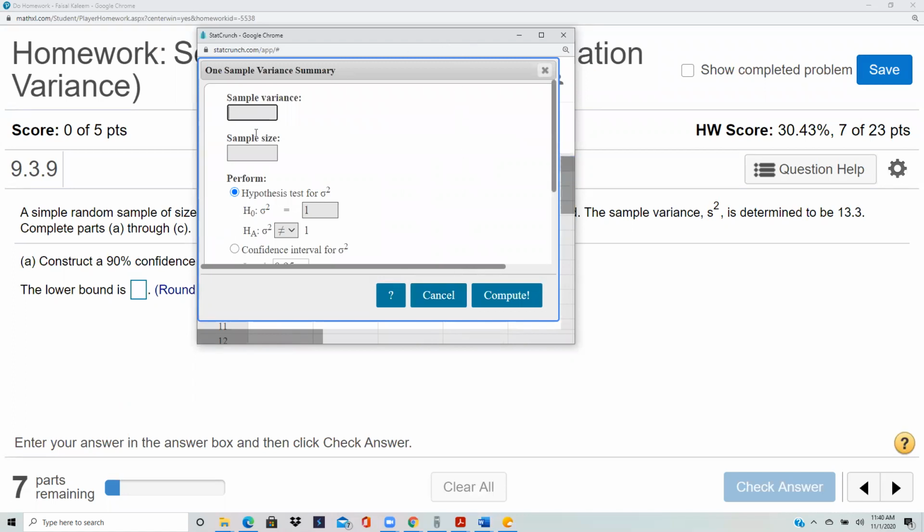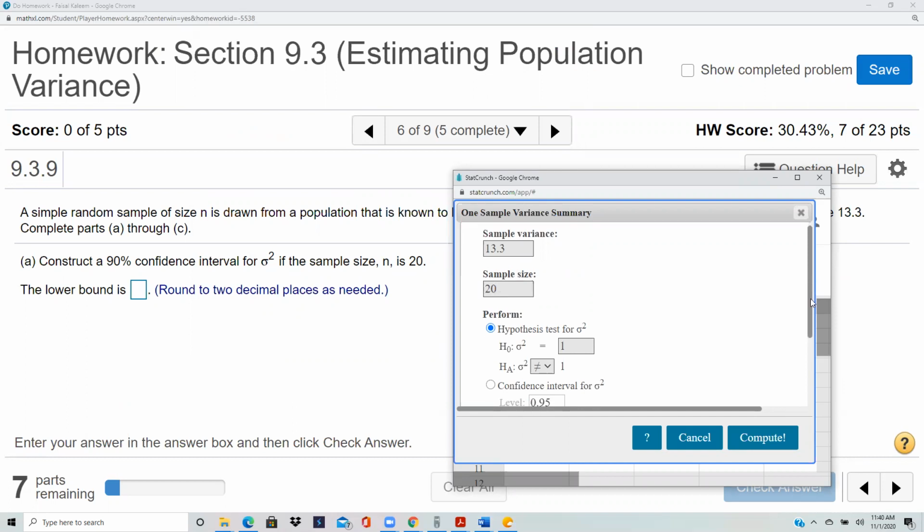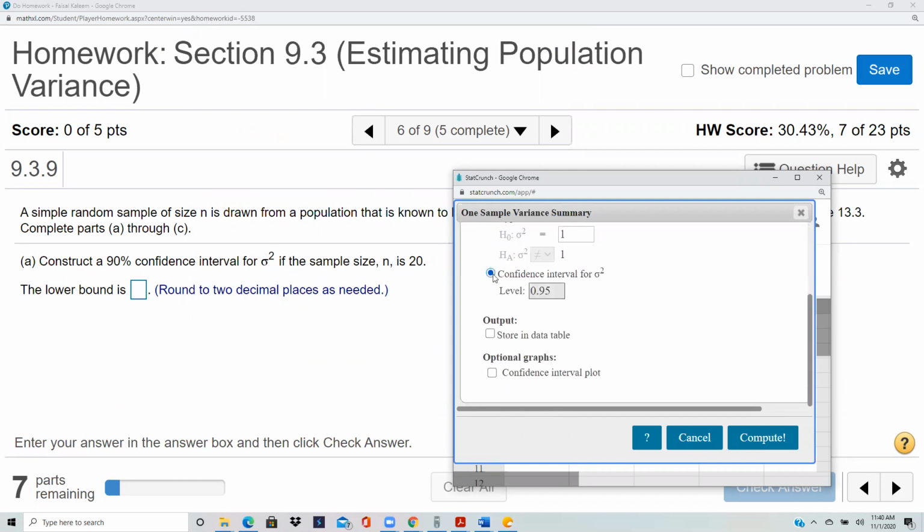Okay, so sample variance is given to be 13.3. Sample size was 20. N is the sample size. Okay, and we want a 90% confidence interval. So confidence level is 90.